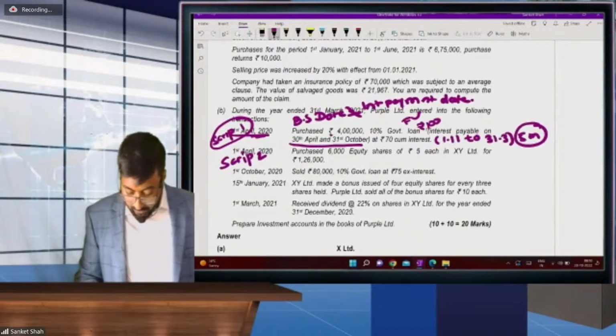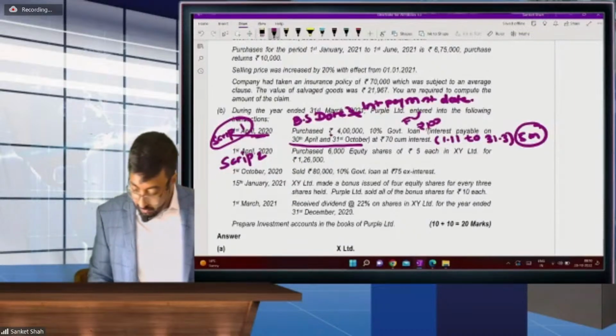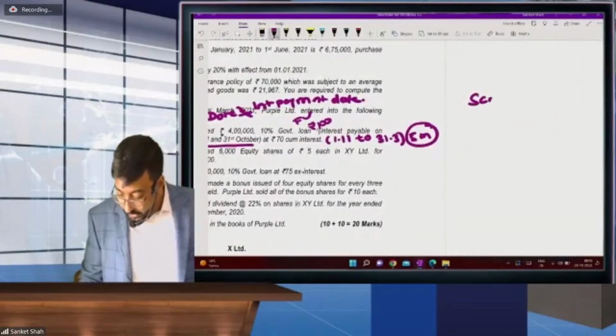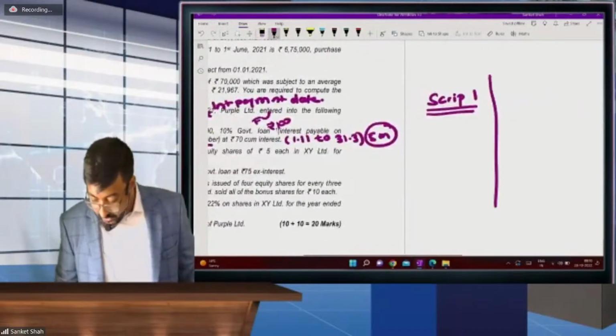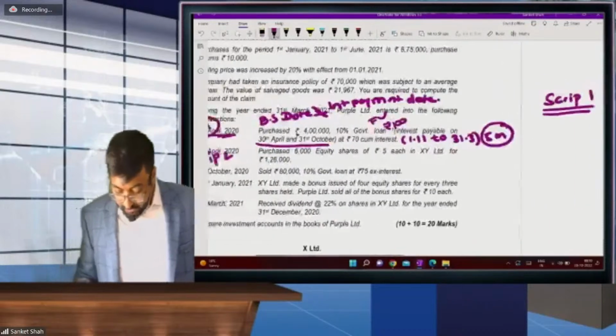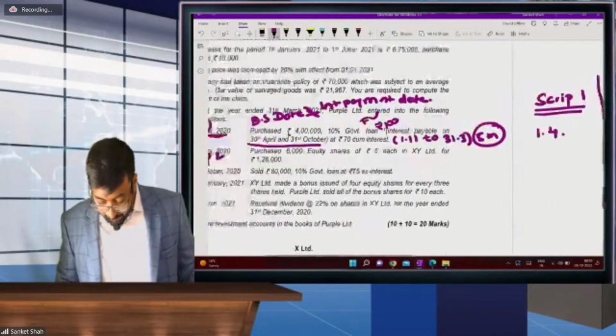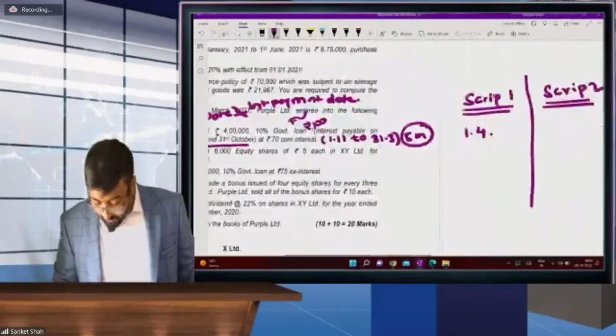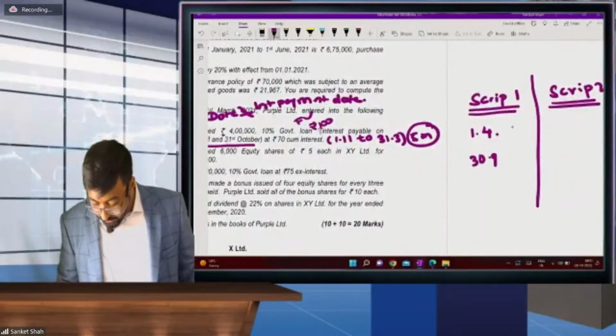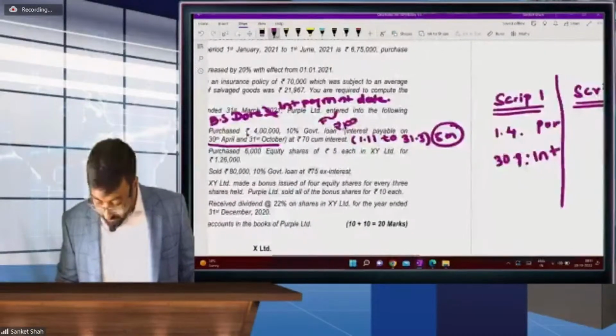Now, beta, look at the dates of script 1. I will record it separately. Script 1 first I will complete. 1st April, purchase. 30th April is the interest date.